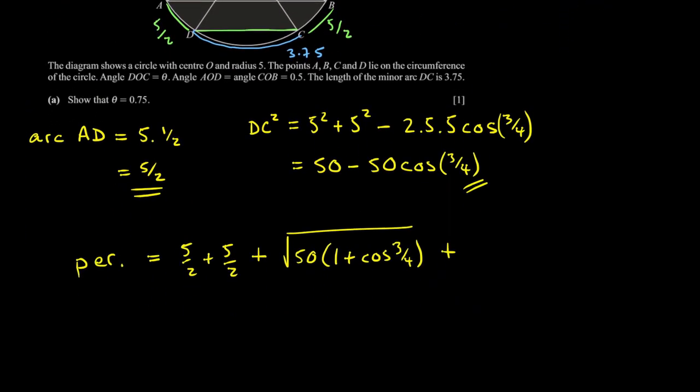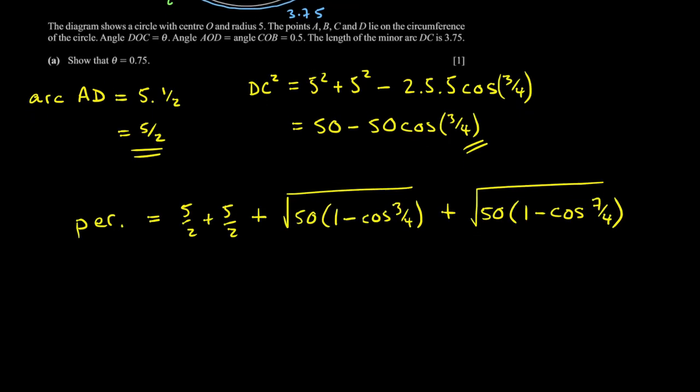Which is the square root of 50 bracket 1, not 1 plus, sorry, beg your pardon, made a mistake there. It's 1 minus, isn't it? Do beg your pardon. Minus 1 minus cos 7 upon 4.